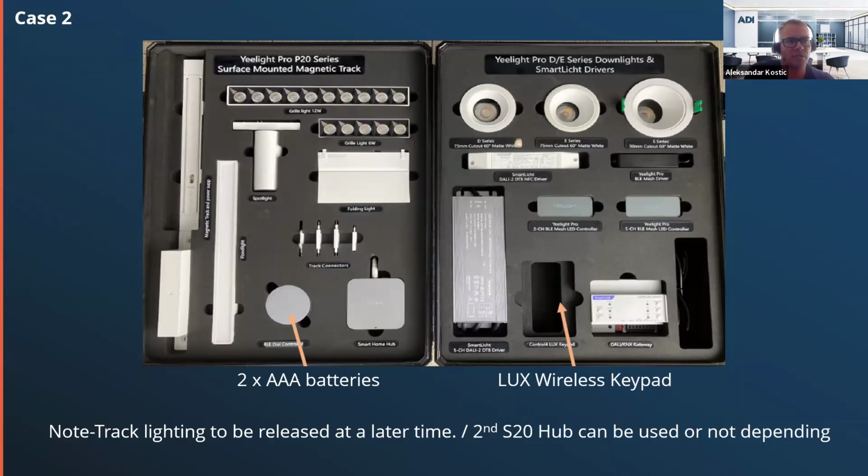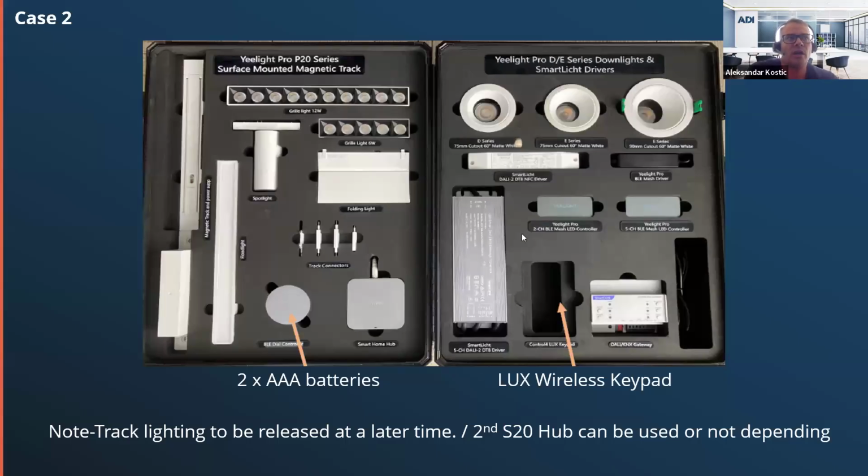They will be released a little bit later, so don't be surprised if you don't see them yet on the dealer portal. On the right-hand side, we have D and E series downlights and spotlights. So this way we have covered all the types of spotlights available from Yeelight Pro.